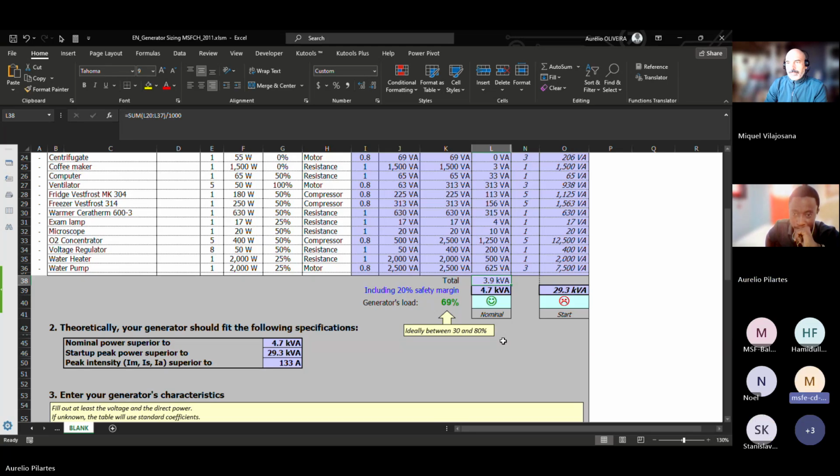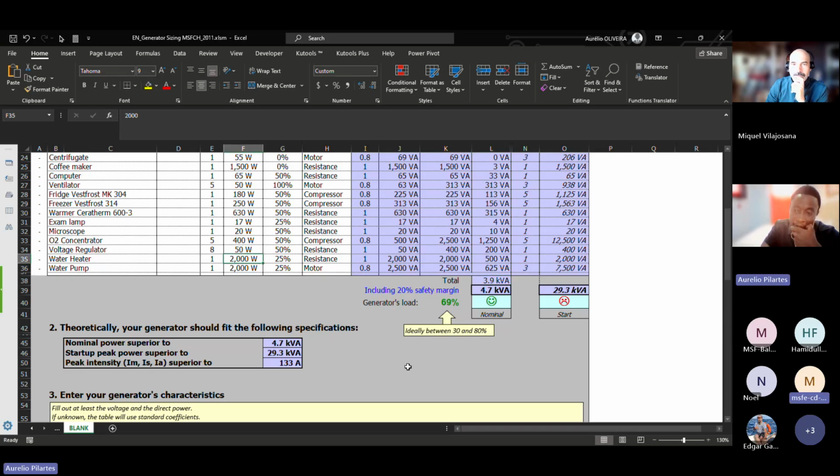I said for me, I have something near, but because I didn't use a water pump with 2000 watts, I have something like 1500. Yes, you're talking about the water heater, I think.